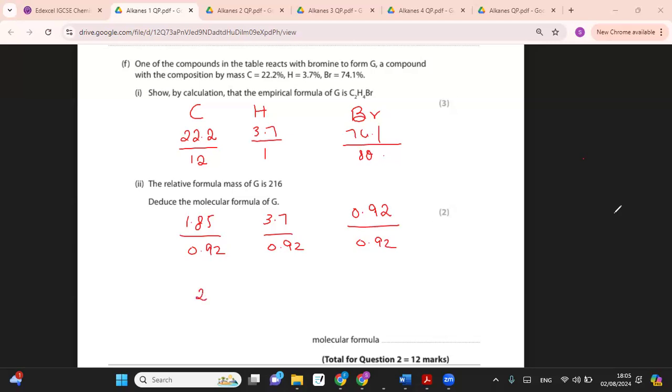So 2, 4, 1. So C2H4Br. Perfect. Now, the relative formula mass of G is 216. Deduce the molecular formula of G.